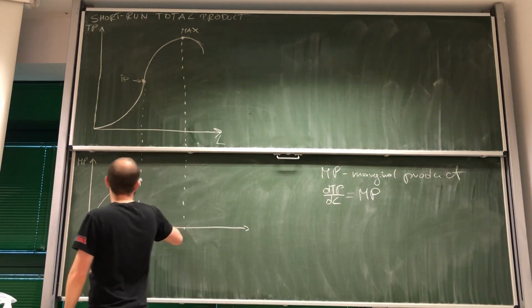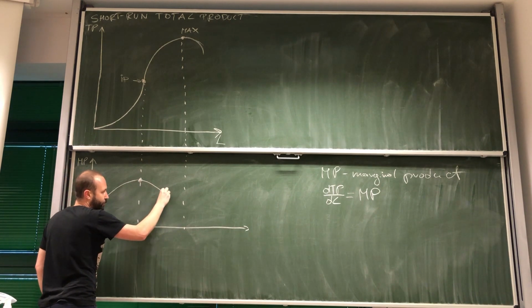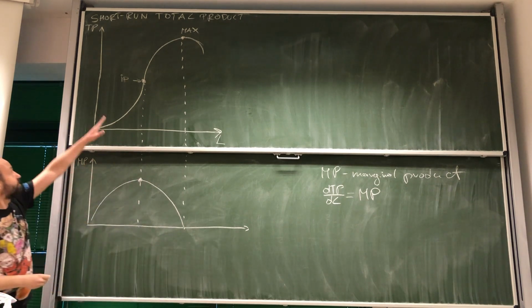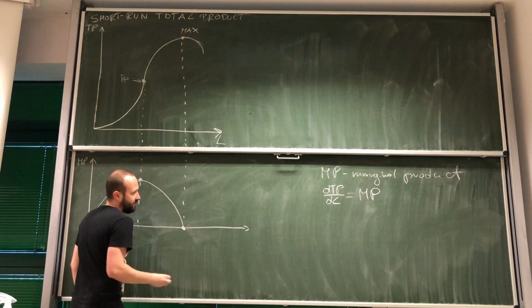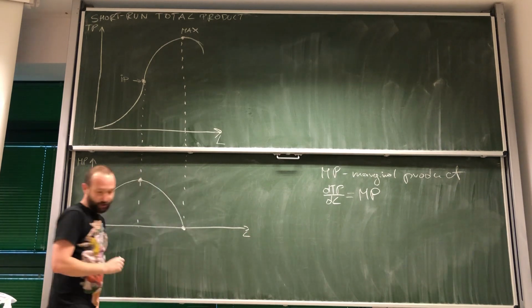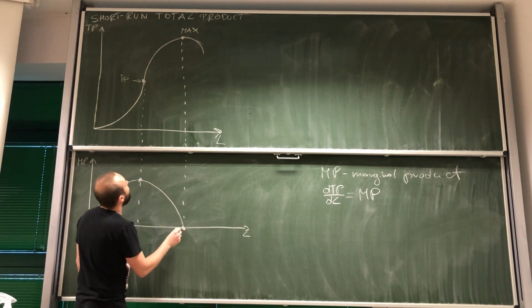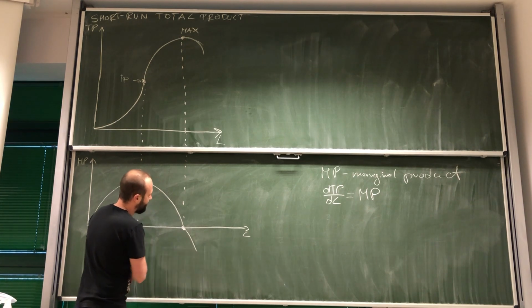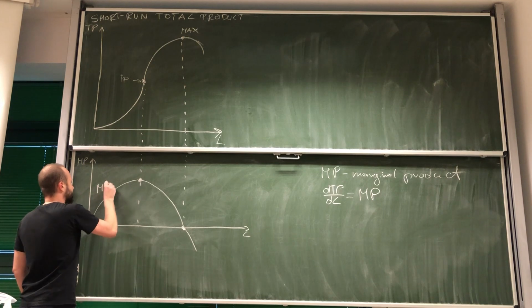It means that marginal product is still positive, but it starts to decline. And of course, at the point where the function reaches its maximum, marginal product must be equal to 0. And from this point on, it continues to become more negative. Okay, so this is marginal product.